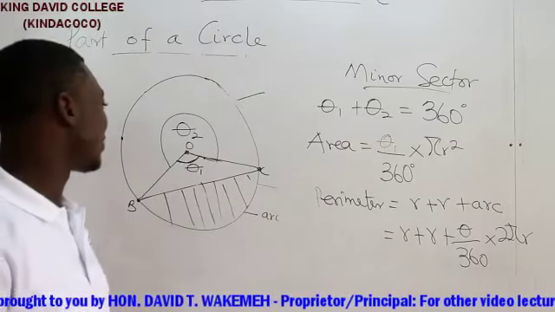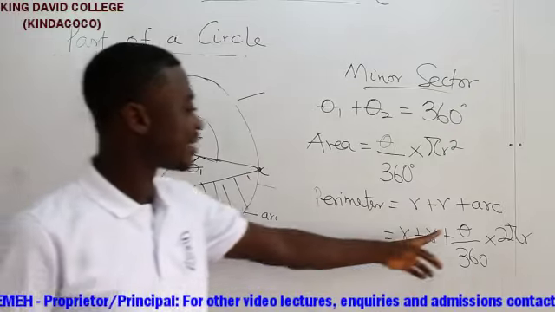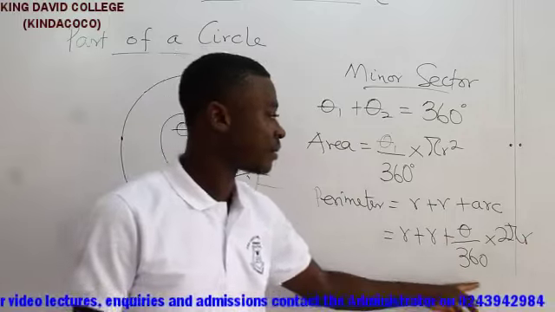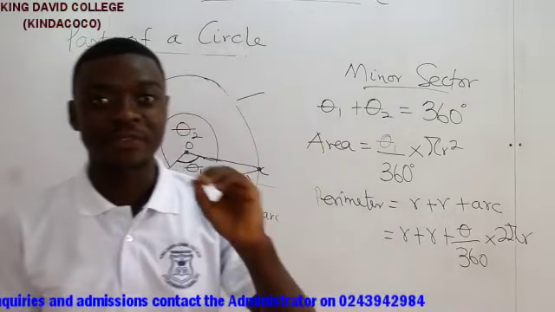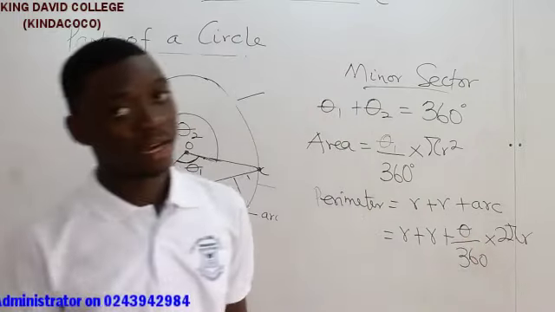So if they ask you to find the length of this arc over here, then that is theta over 360 times 2 pi r.